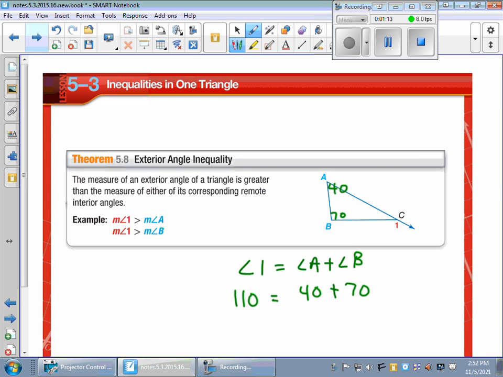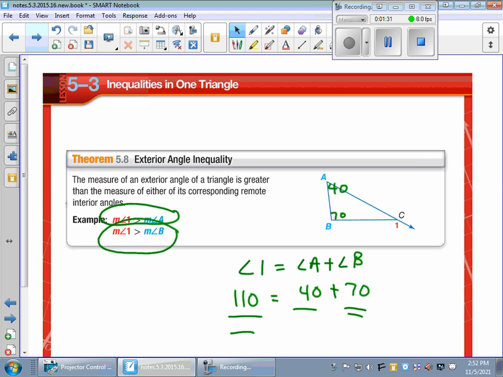So if that's true, which it is, then isn't 110 bigger than 40? And isn't 110 bigger than 70? So we can make that statement that angle 1 is bigger than angle A and angle 1 is bigger than angle B.